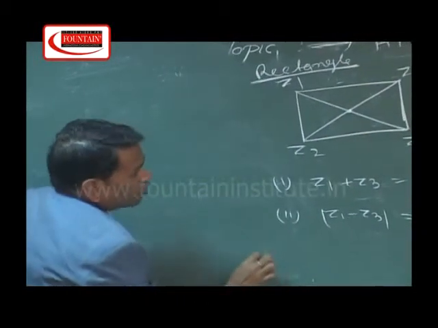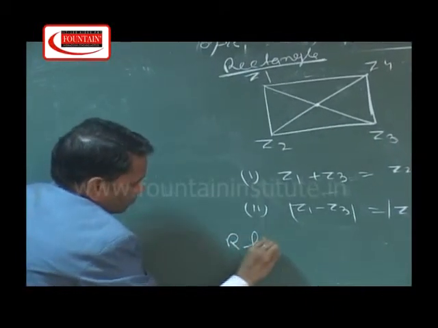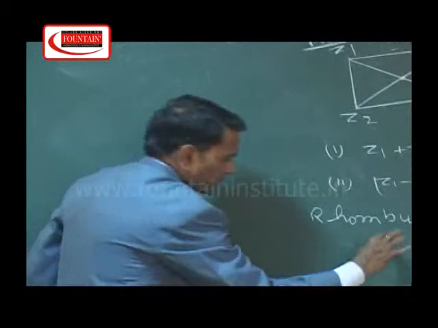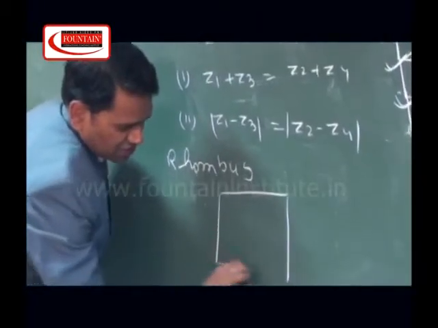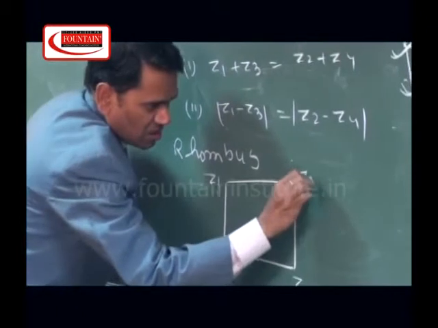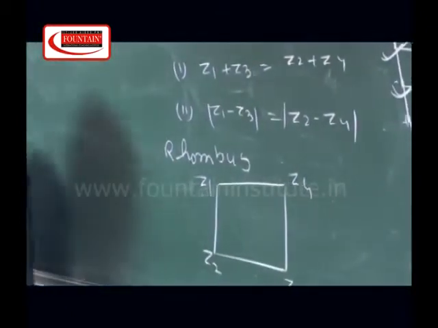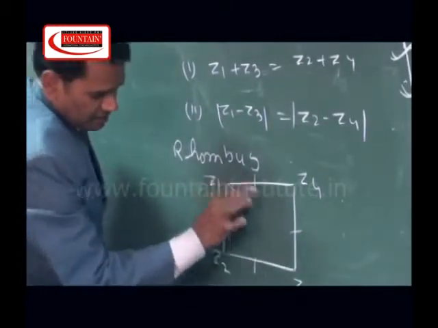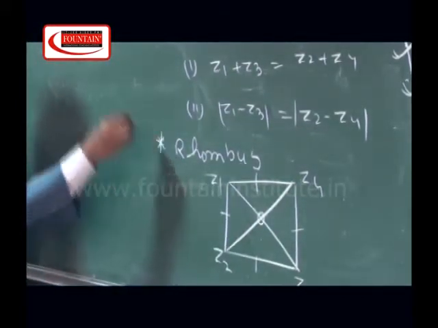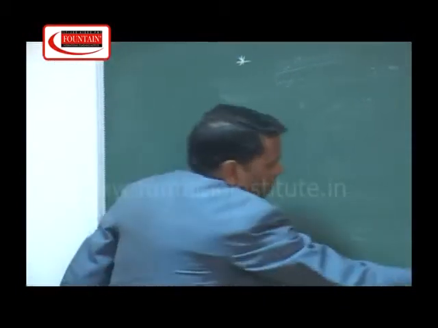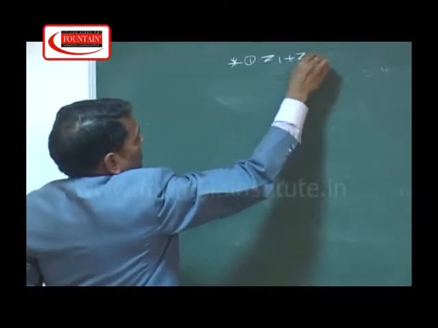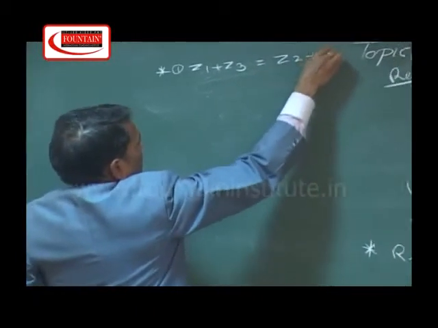And now the fourth part is rhombus. Any quadrilateral or any parallelogram will be a rhombus if and only if, if z1, z2, z3, z4 are the vertices of a parallelogram, it will be a rhombus if and only if all sides are equal and the midpoint condition holds. So the first condition is midpoint: z1 plus z3 is equal to z2 plus z4.